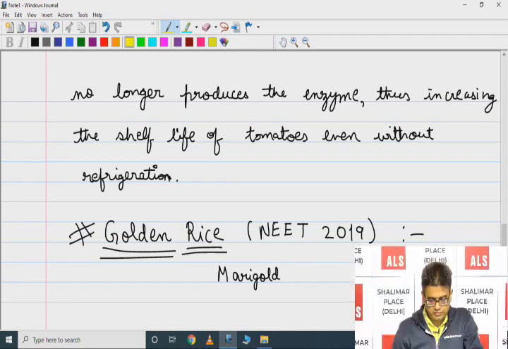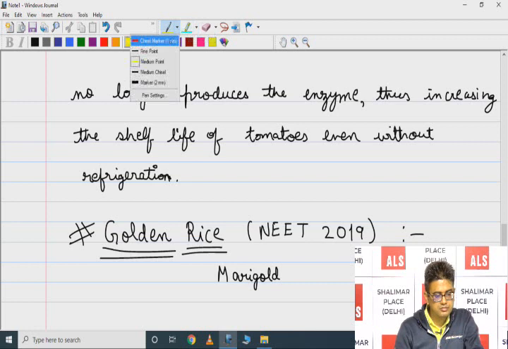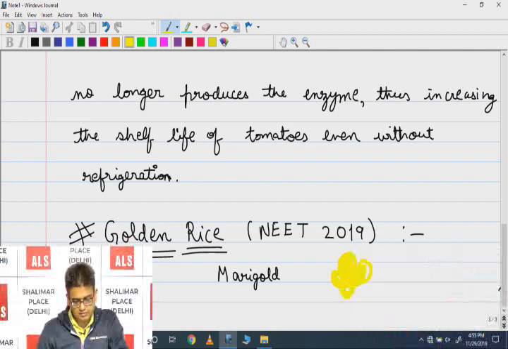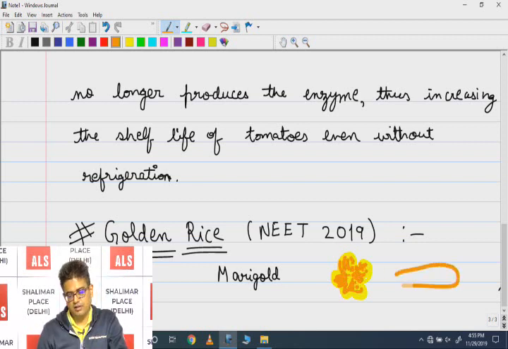Let me show you. Okay, give me a second. Yes, a marigold flower is something like this in color, dark yellow, orange, something like this. It is basically like this, and this is the same color as carrots.